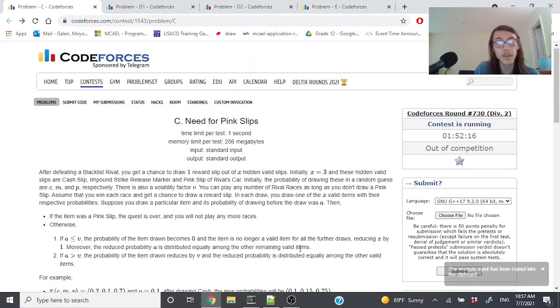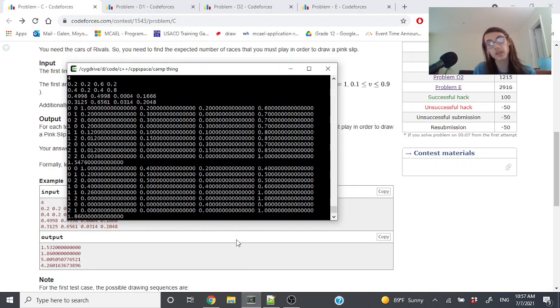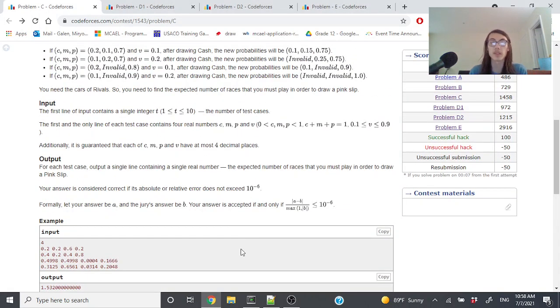So CMP. Yeah, okay, it's correct. Maybe we just don't use formulas. Is that what we need to do? Maybe the order also matters. It's kind of a thing.